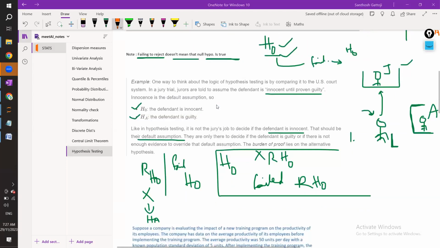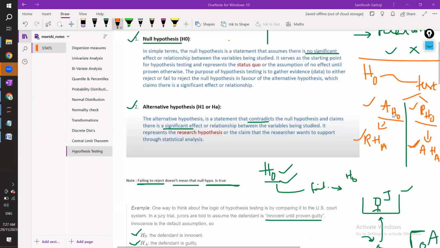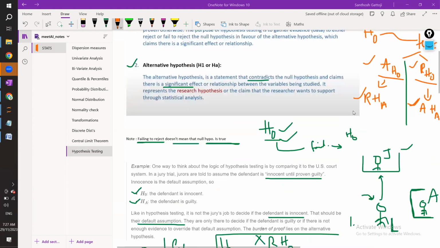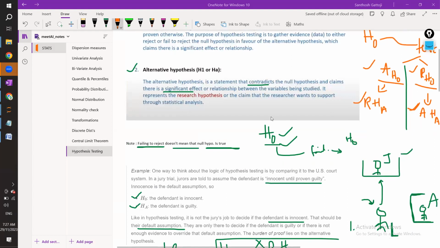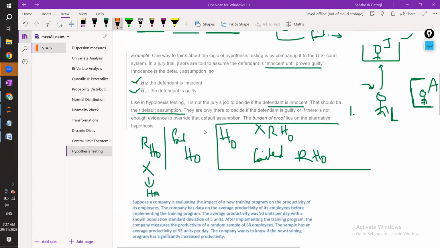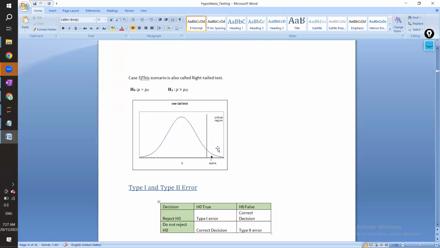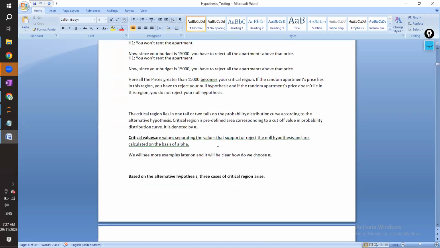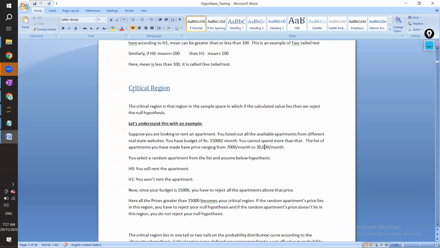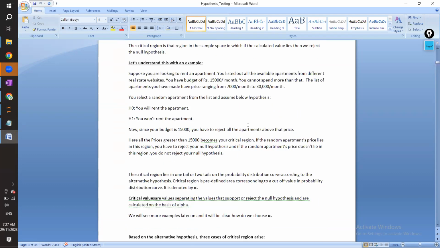Fundamentally, just remember this: if you're accepting null, you are rejecting alternate, and if you're rejecting null, you're accepting the alternate. We also understood one tail and two tail tests, which we are going to see. But the main thing is that the critical region is a region where you can reject the null hypothesis.